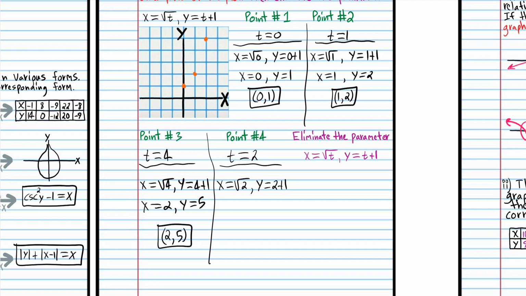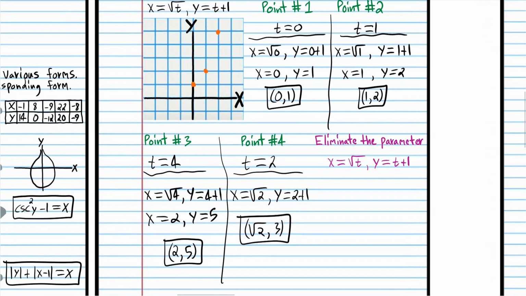And so we have (root 2, 3). If you're not sure what root 2 would be, you can just enter that into your calculator, and it's about 1.4. So if we go out to the right 1.4, and up 3, which should put us about there. So that's right on that curve. And then we can connect the dots.